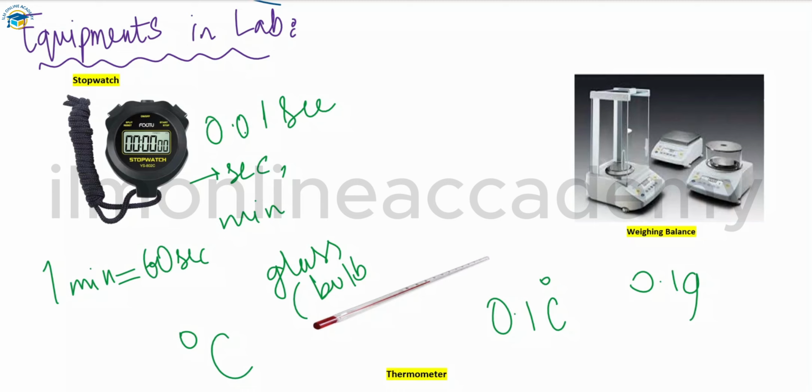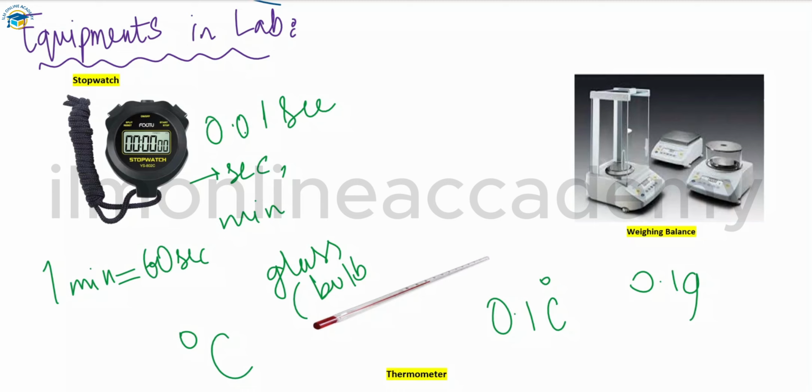So the weighing balance is used for the measurement of mass, and mass is measured in grams mostly, right? The balance should first be set to 0 before use, and it should also be allowed time to settle on the final measurement reading before it is recorded.